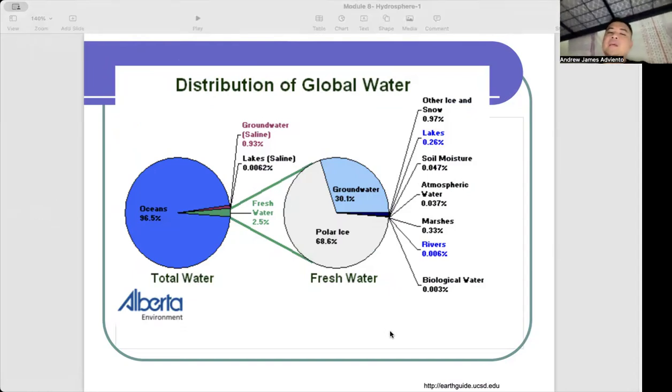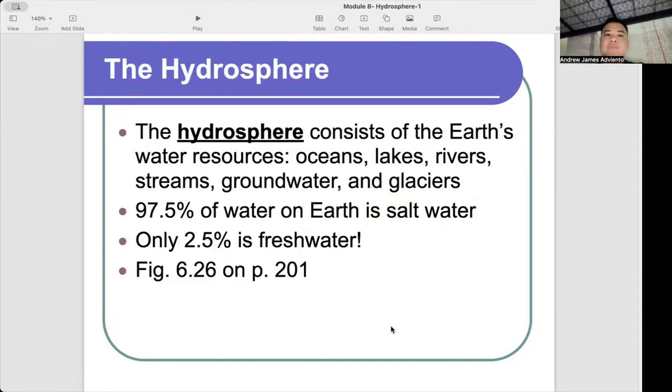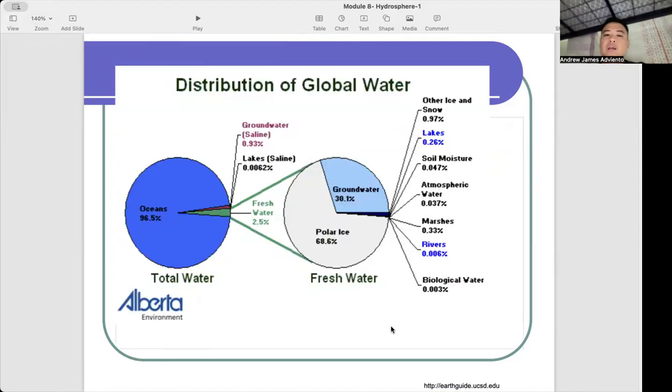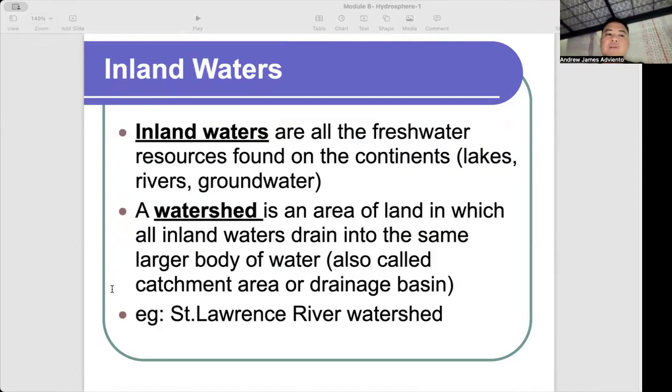So only 0.0% is surface water like lakes and rivers. So this means the water we easily access is extremely limited. I would like to tell you that 3/4 of our planet is actually water, and that's why it is called the blue planet.